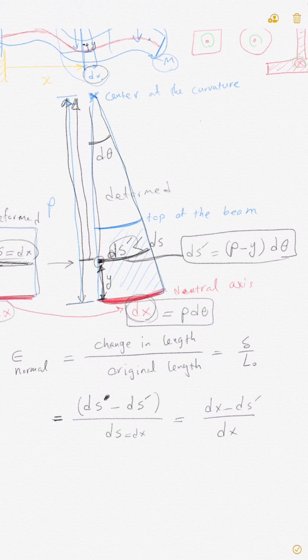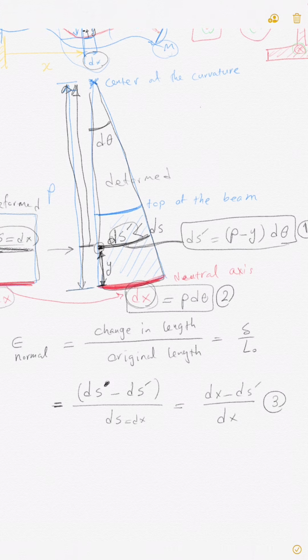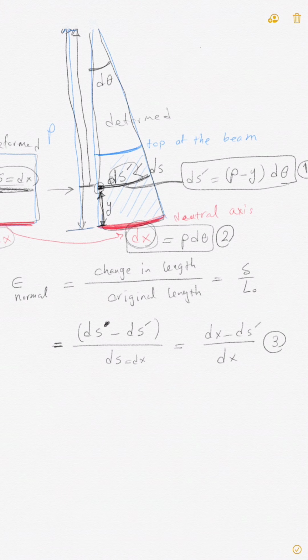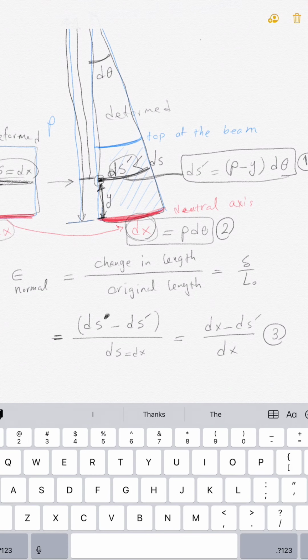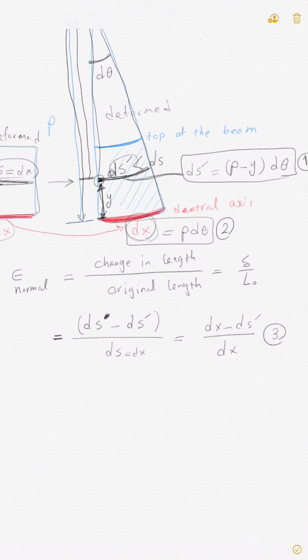Now let's substitute. Let's call this 1, 2, and this is 3. Let's substitute equations 1 and 2 into equation 3, so I get my normal strain. I know that it's negative, but I just write it in the positive form. Why is it negative? Because the length decreases, right?